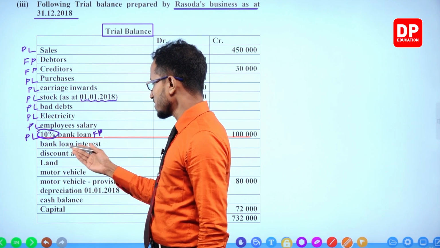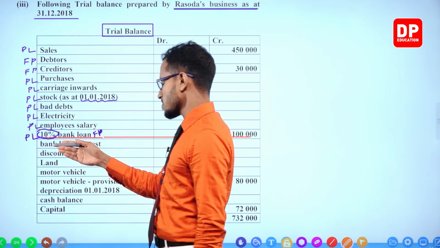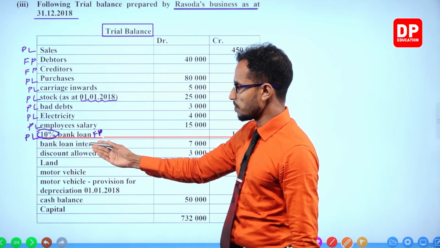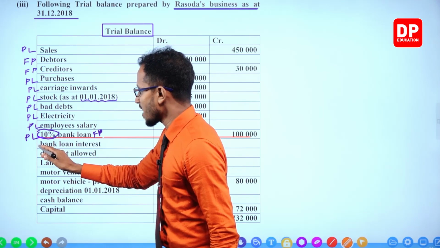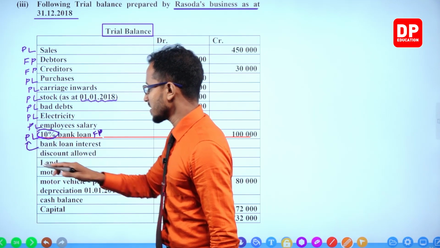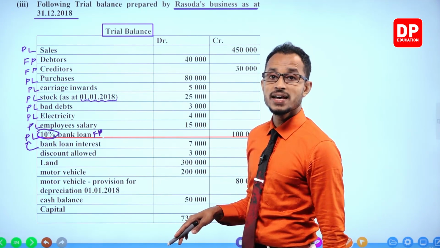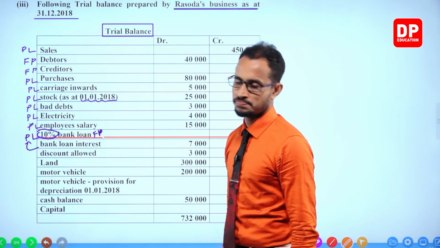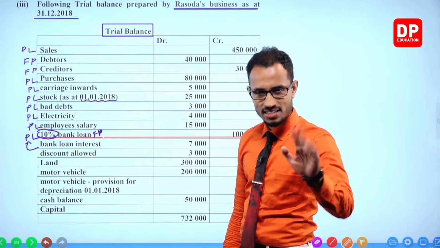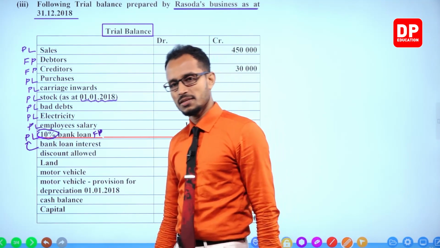There's a separate item underneath the bank loan called bank loan interest. This bank loan interest is connected to the bank loan 10%. In other words, let me make it simple.